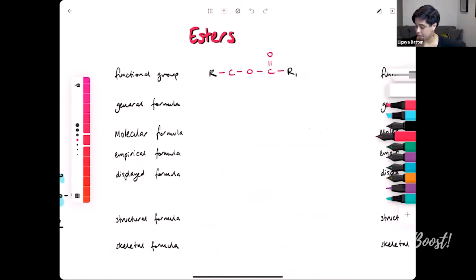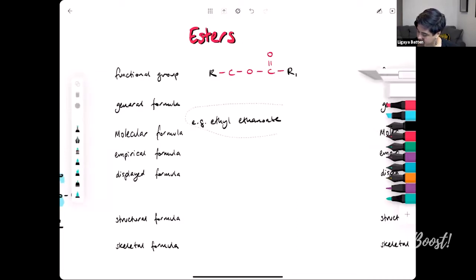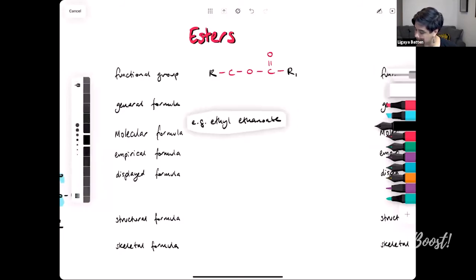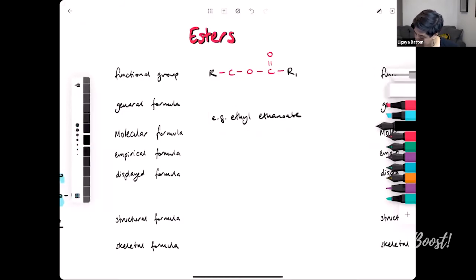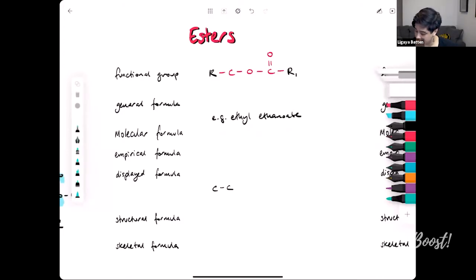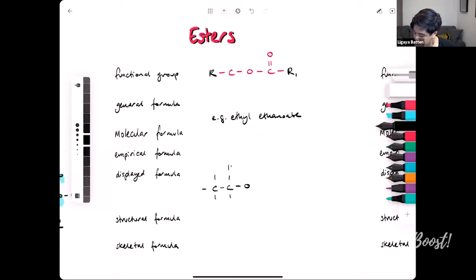The displayed formula, let's take an example of, let's say, ethyl ethanoate. Okay, and I'll draw the displayed formula for this, and you can maybe fill out the rest in your own time. So ethyl ethanoate, you're going to have the ethyl group here attached to the O on the left, making sure you've got all of your hydrogen showing.